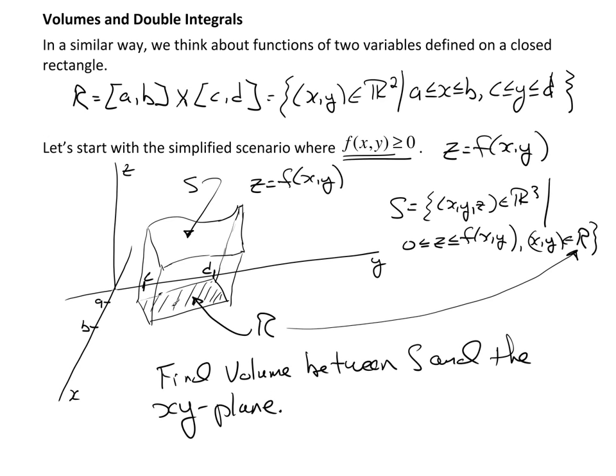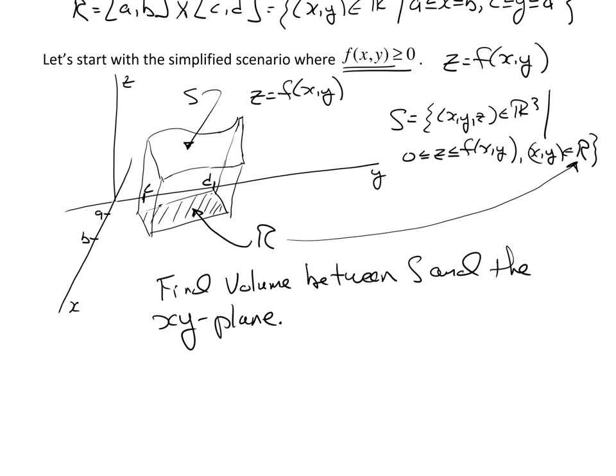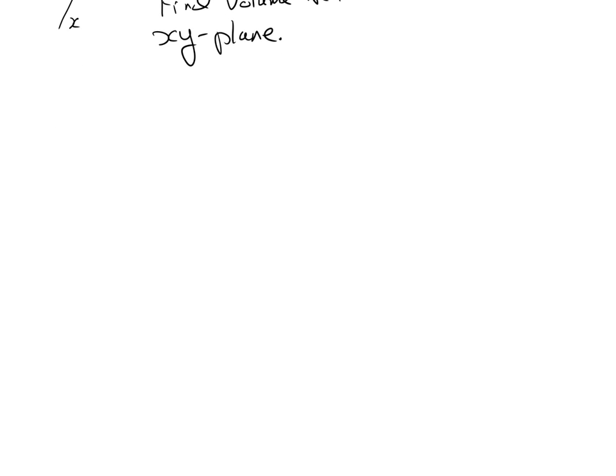So the first thing I'm going to do is look down onto the xy plane and concentrate for a moment just on that rectangle, that region down there on the xy plane. So what I can think about is simply my xy axis, and I have this rectangle sitting here somewhere.